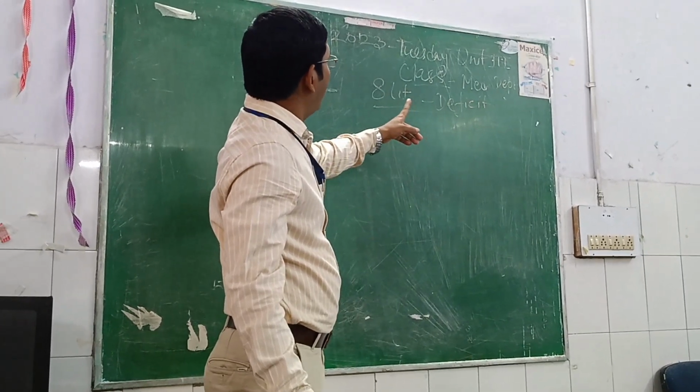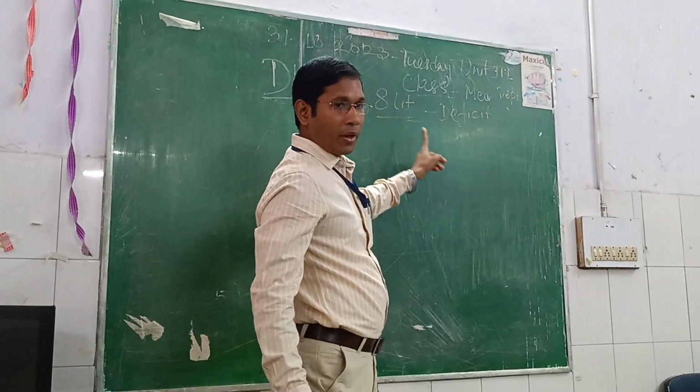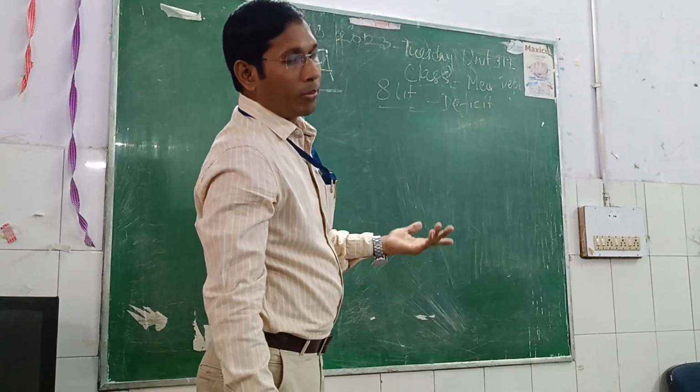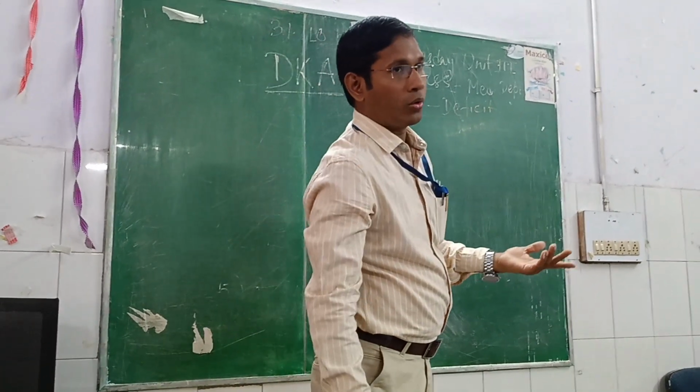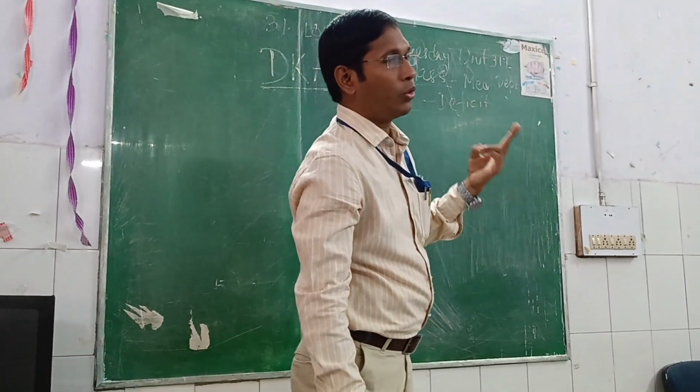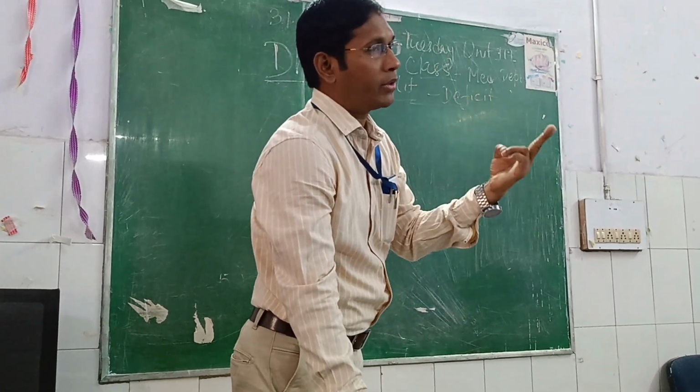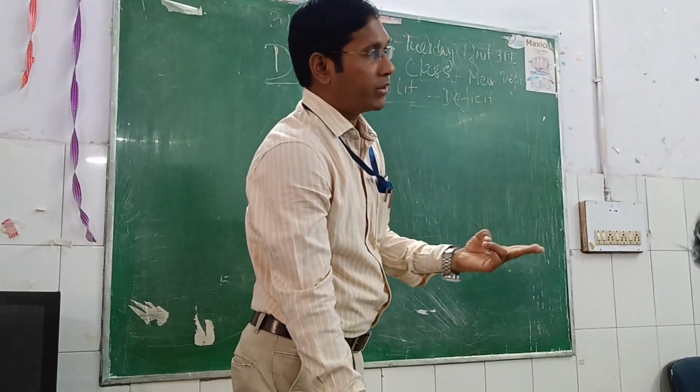So we have to take care of this, and number 2, we have to take care of the raised blood sugar also. So you have to manage 2 things: fluid deficit as well as hyperglycemia.